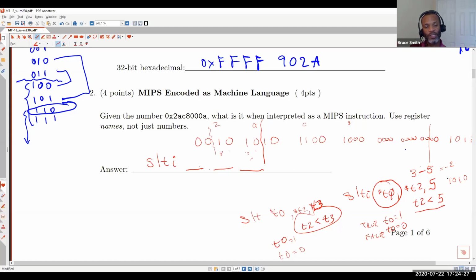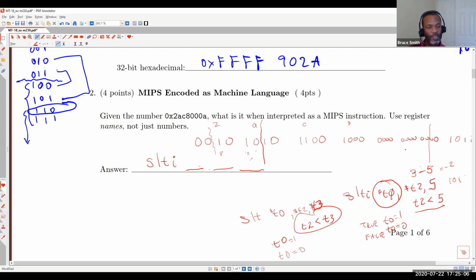So what set on less than is really doing is taking the most significant bit and stuffing it into T0. If it happens to be negative, T0 will always be a 1. So that's what it's doing underneath the hood. It's just doing a subtraction, pulling out the most significant bit and setting T0 to that bit.